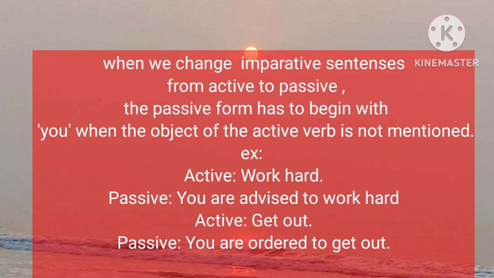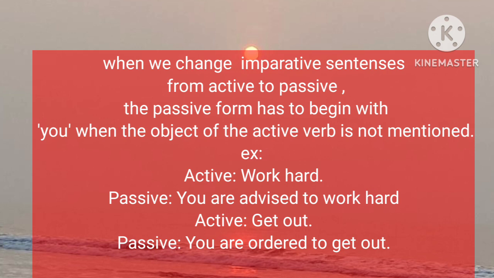Here, one important point we need to remember is that the passive form that doesn't have an object has to begin with you. In the sentence work hard, the object is not mentioned.